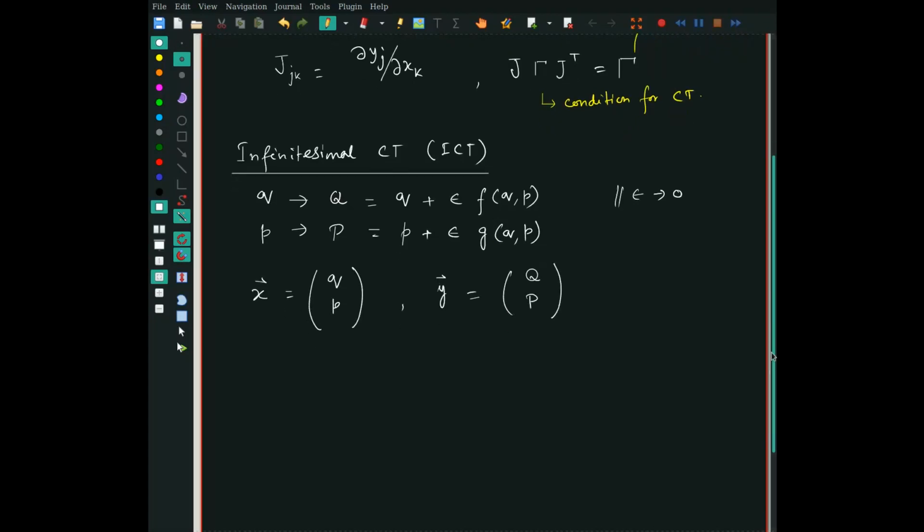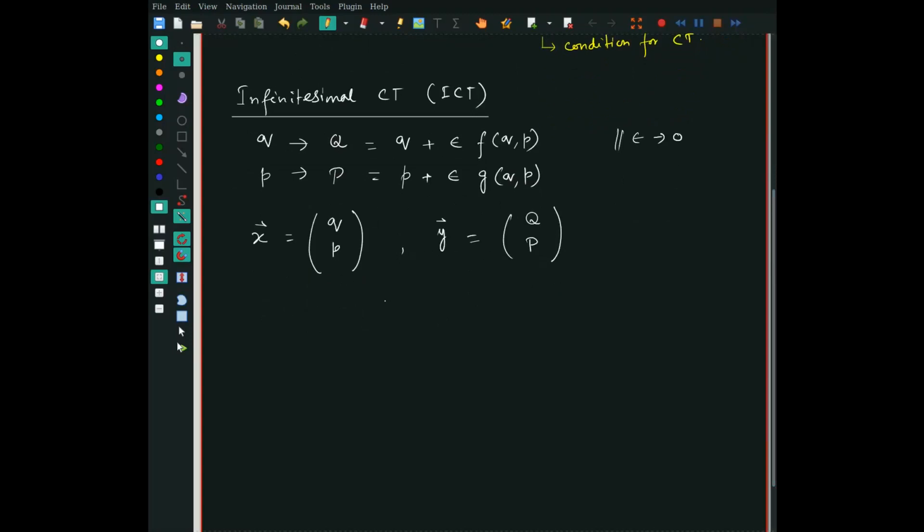Now if I form the matrix J, remember, J11, according to my definition, is del y1 over del x1. Essentially y1 is capital Q and x1 is small q, so this is del of capital Q over del small q.